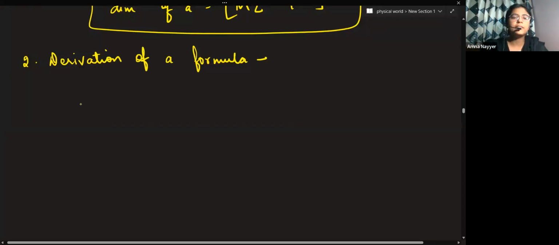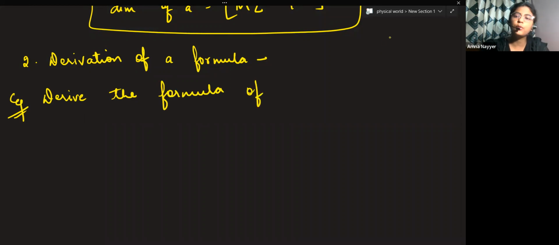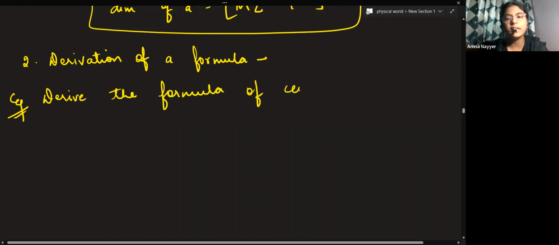For example, if I say derive the formula of force, derive the formula of centripetal force.